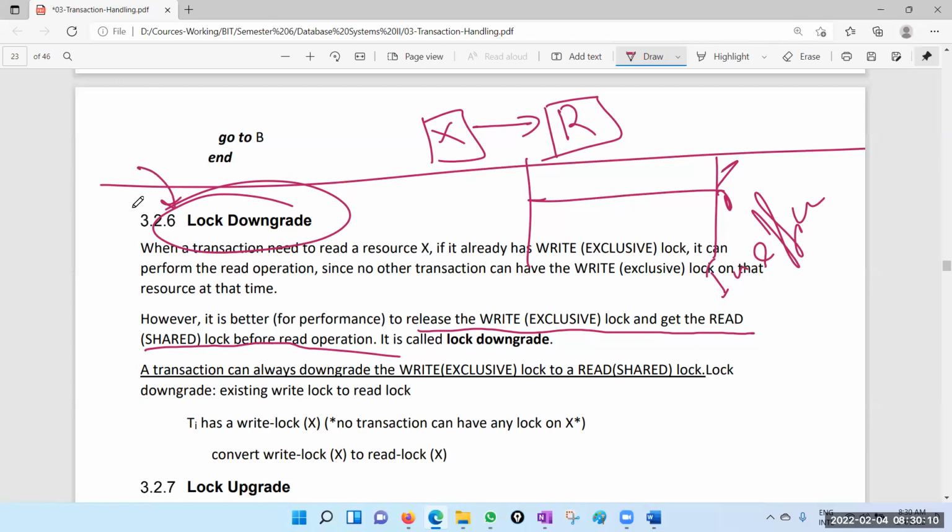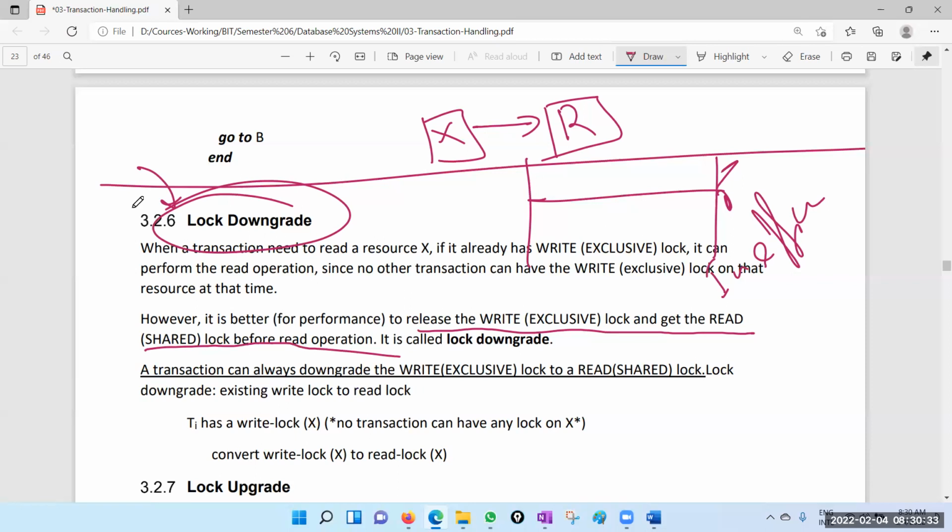If a transaction needs to do a lock downgrade, it can always do it. Remember, a read lock cannot be obtained until the write lock is released. Now you are having the write lock. When you have the write lock, you can always exchange it for a read lock, because you are downgrading.